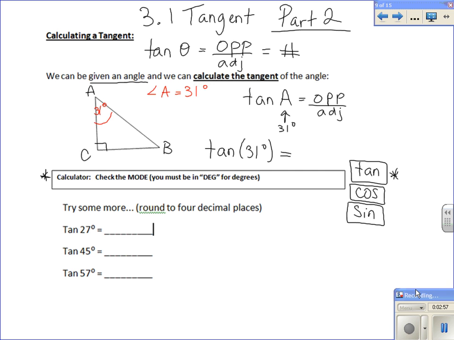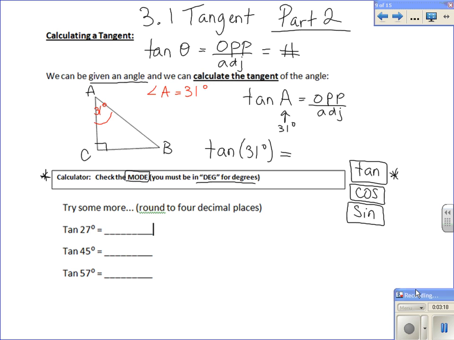It's really important whenever you're working with right triangles and using trig ratios that you are in the degree mode on your calculator. Most calculators will have a mode button, and if you press that mode button, it generally will give you some options, and one of them will be DEG for degrees.